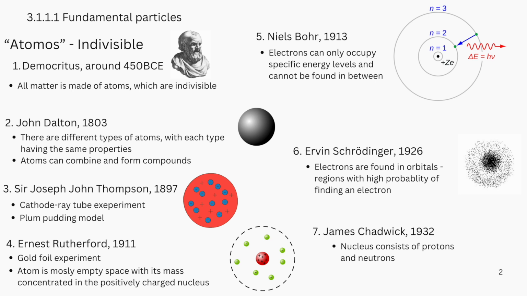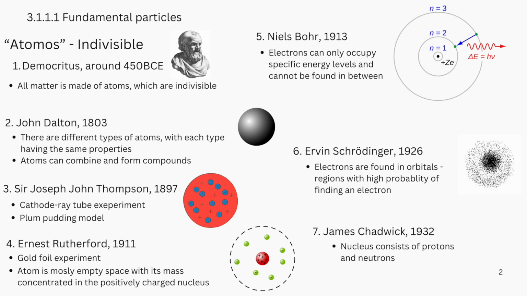However, this notion changed in 1897 when, through his famous cathode ray tube experiment, Sir Joseph John Thomson discovered the existence of electrons. In his experiment, Thomson applied a high voltage, which produced a beam of electrons. When he applied an electric field, these beams were deflected, indicating that the electrons carried a charge.